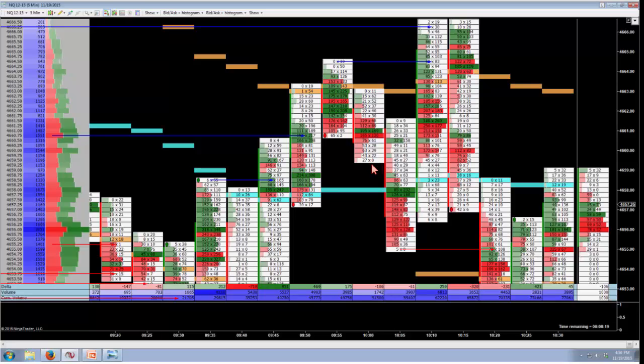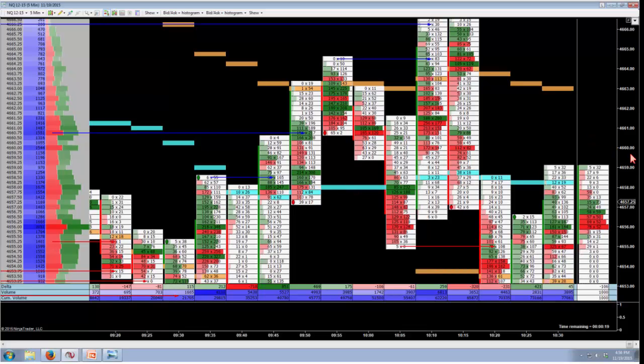What this dot is telling me is that this did not finish its business. You can see it didn't zero out down here where that 17 is. So the chances are good that price is going to come back down and finish its business. And that isn't necessarily helpful when you have a strong trending market.